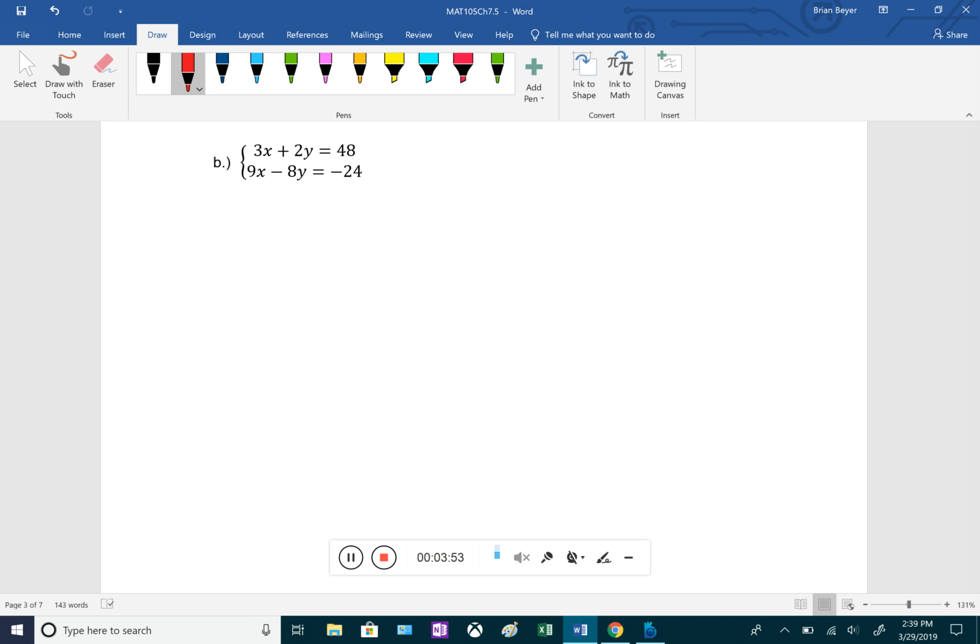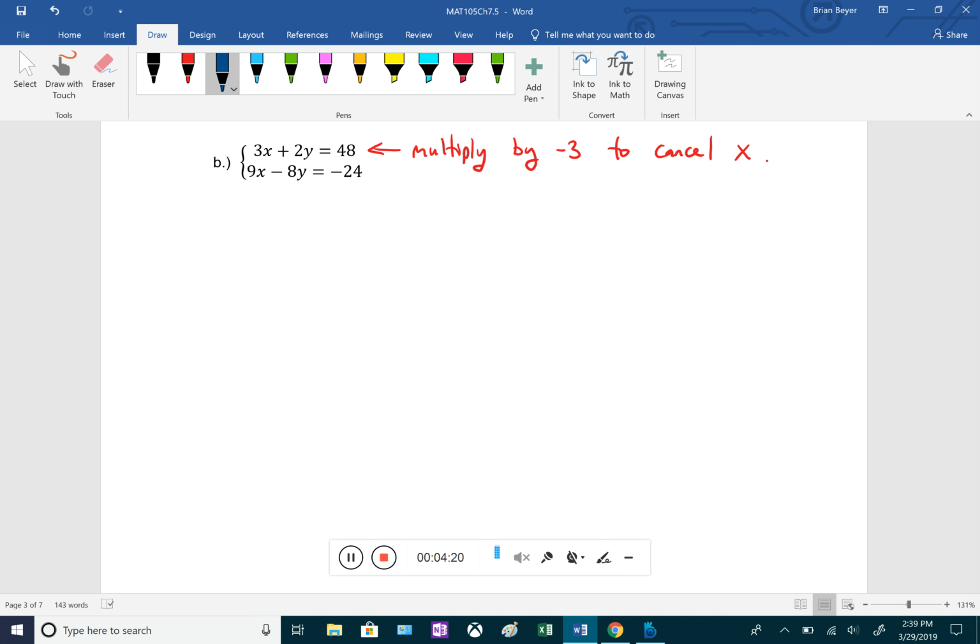If we want to cancel the x variable, we can multiply this first equation by negative 3, because that'll give us negative 9 as the x coefficient, which will cancel with the positive 9 from the other one.